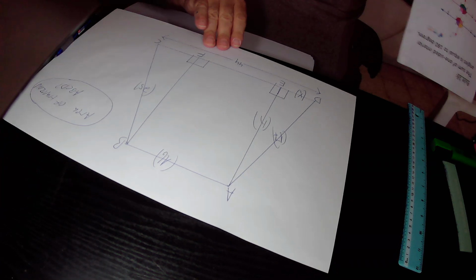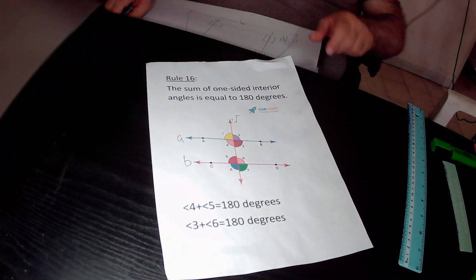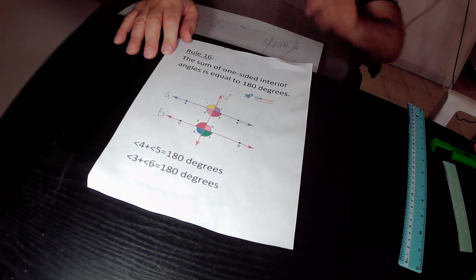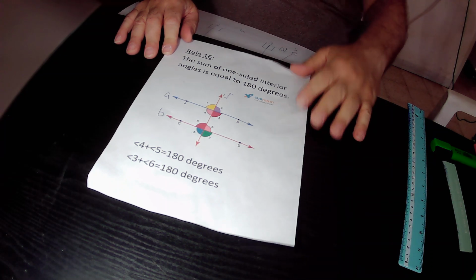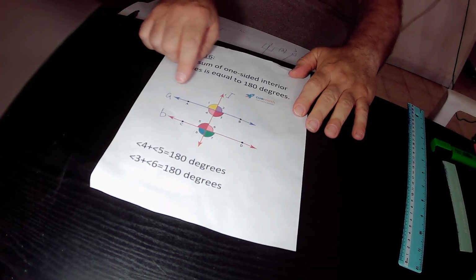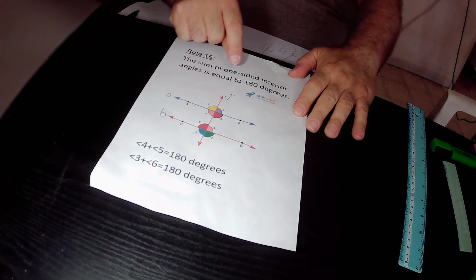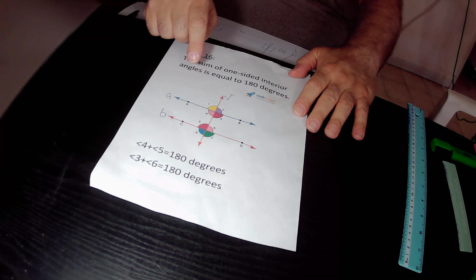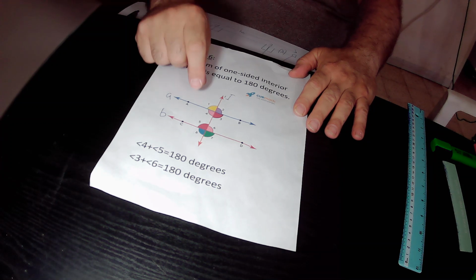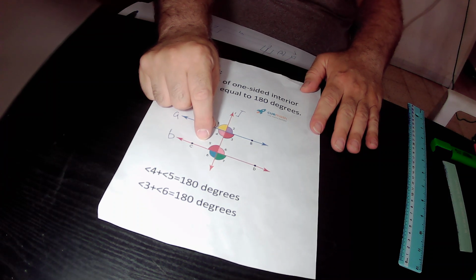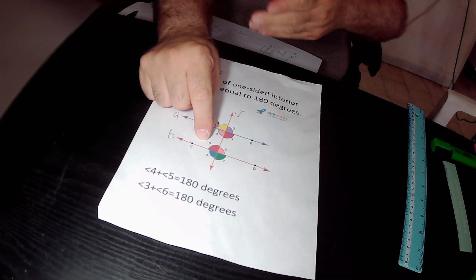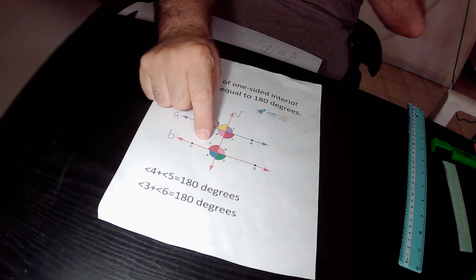So I'll quickly look at rule 16. According to rule 16, the sum of one-sided interior angles is equal to 180 degrees. In the drawing, line A is parallel to line B. Line I cuts the two parallel lines A and B. Angles 4 and 5 are defined as one-sided interior angles, and therefore their sum is equal to 180 degrees according to this rule.